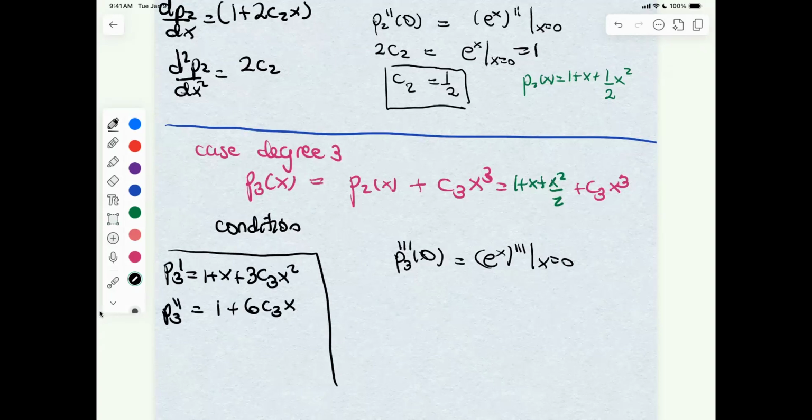And then the third derivative would just be 6 c3. So that tells you that 6 times c3 should be, okay, this is going to be e to the 0 again, right? Because the exponential is its own derivative. e to the 0. So that tells you that c3 equals 1/6.